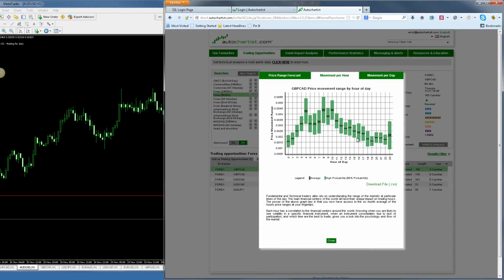So what this tells you is, when is a good time to trade the GBP CAD? Well, if you're looking for volatility, which we are, the best times to trade it, if you're in New York City, are probably from 4 o'clock, or you can even say from 3 o'clock in the morning onwards, and then it's a bad time to trade again after 3 o'clock in the afternoon.